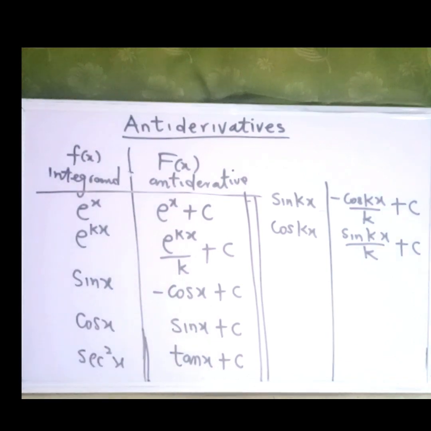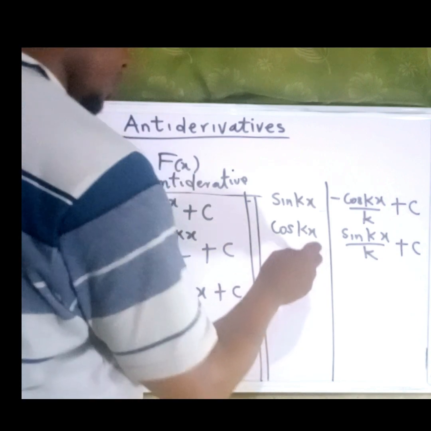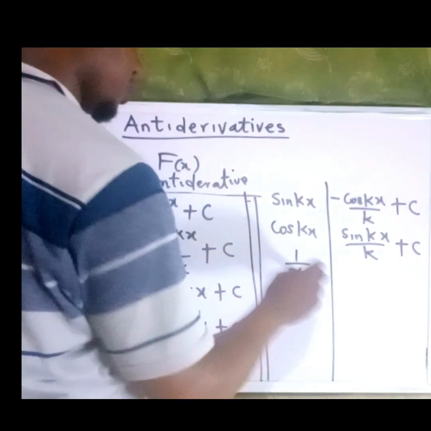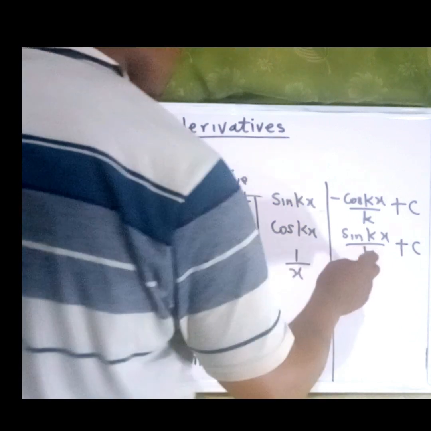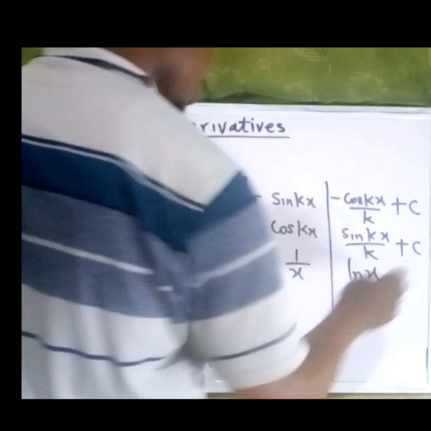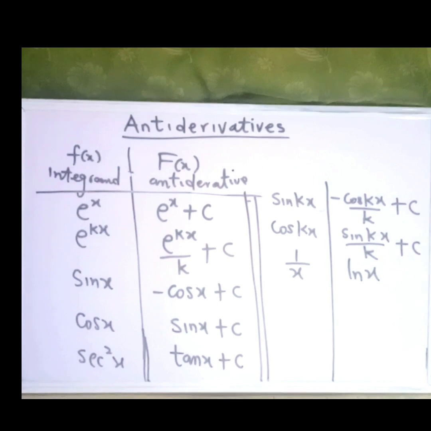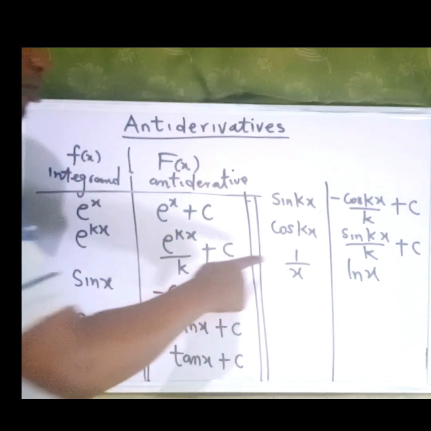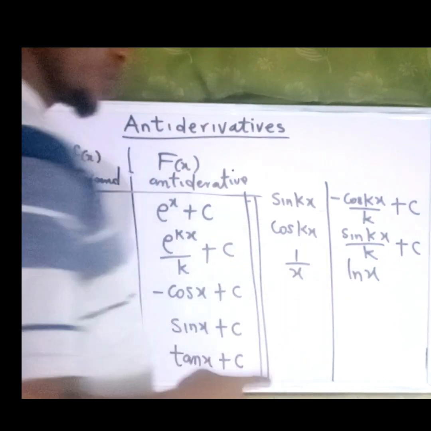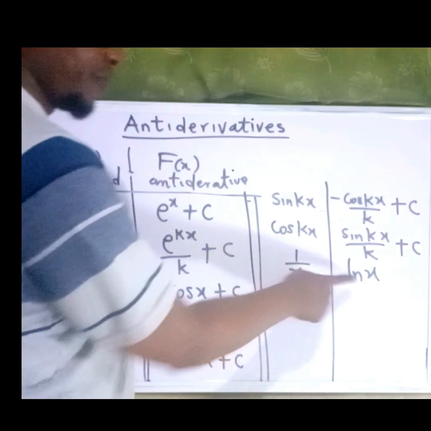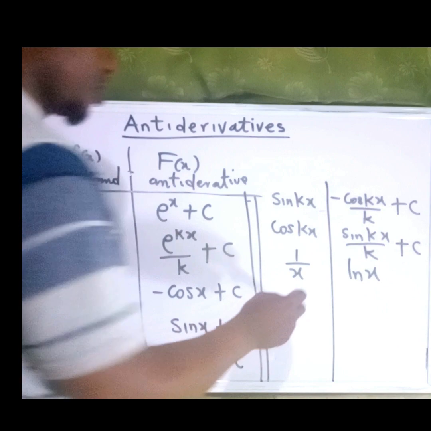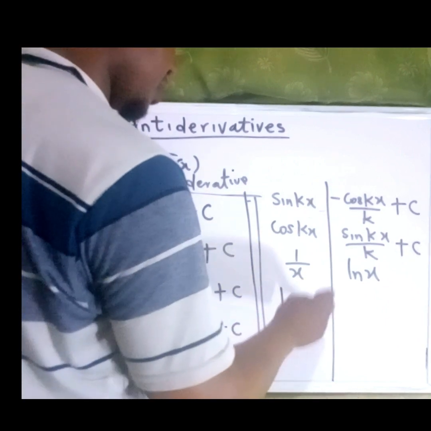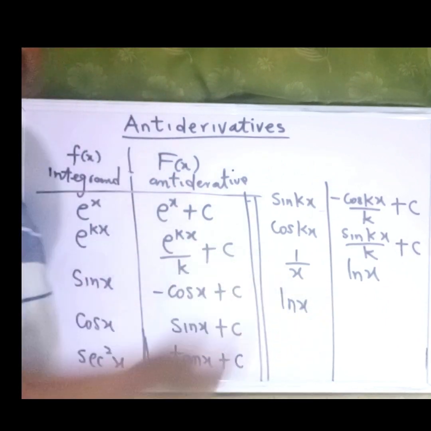Okay, so again, let's consider the logarithm function. This is ln x. One must not be confused that if you find the derivative of this, you have this. But what of when we have ln x? What is the antiderivative of ln x?